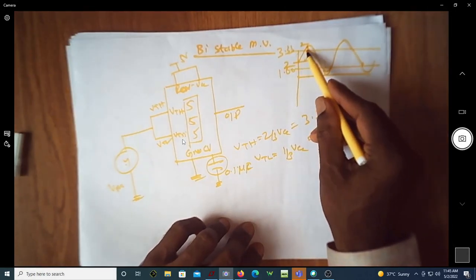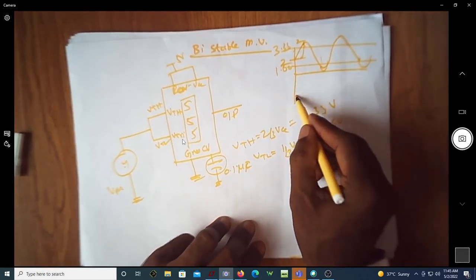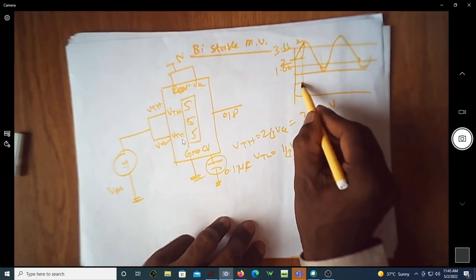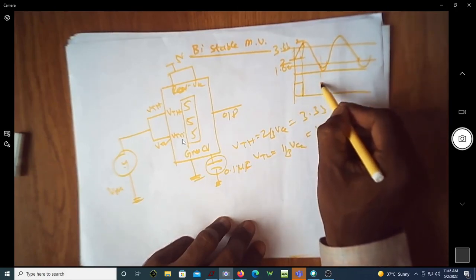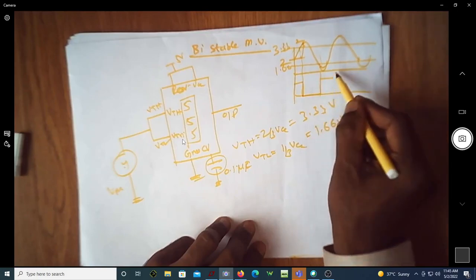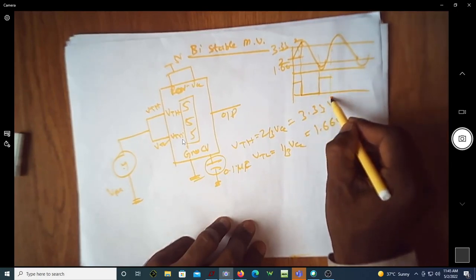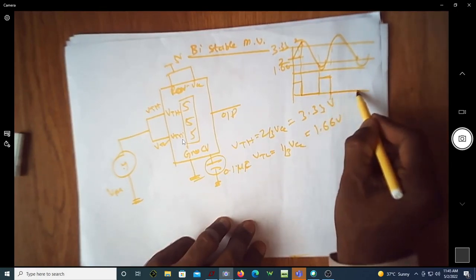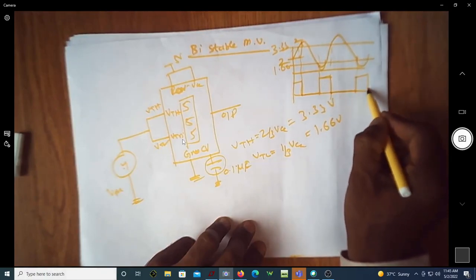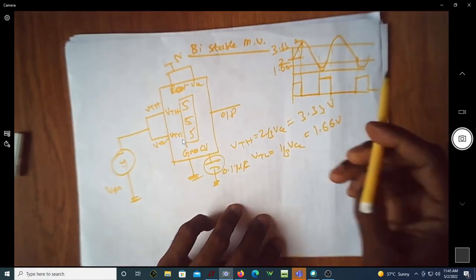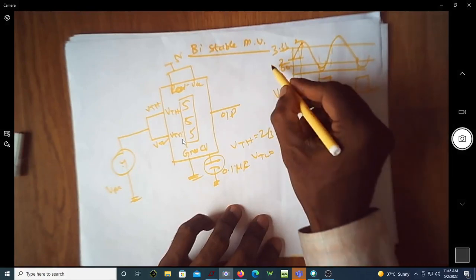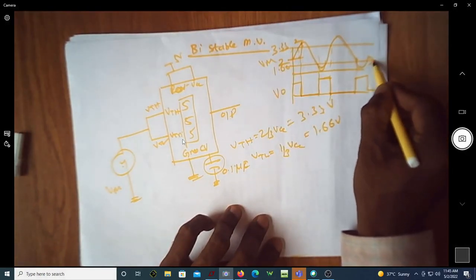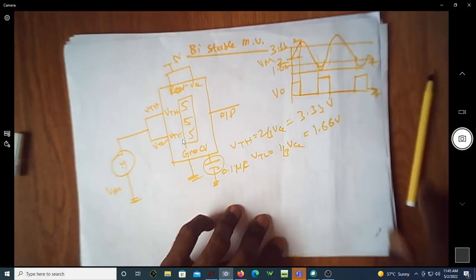Whenever the input voltage exceeds 3.33, output will come down here, and whenever it tries to go below VTL, it again goes high. So it will again come down here. This is the type of waveform we're going to get. This is V0, this is Vin with respect to time, this is again with respect to time.